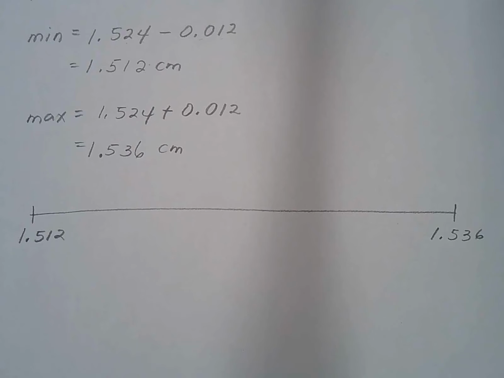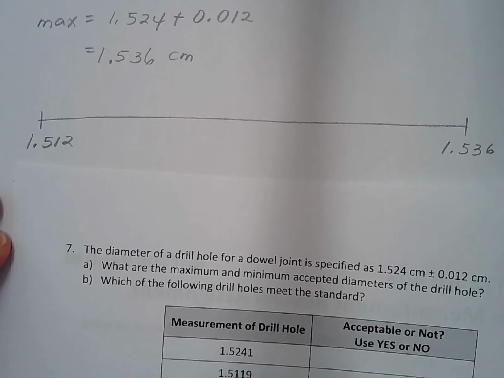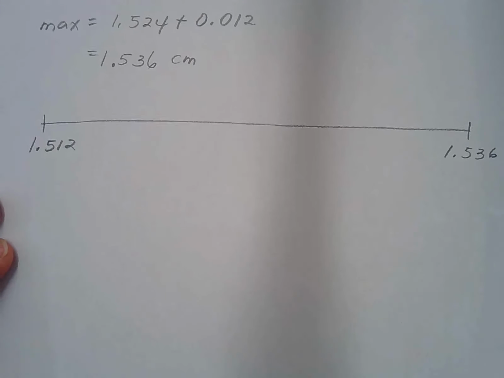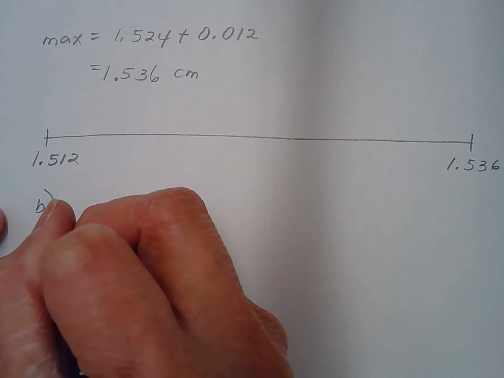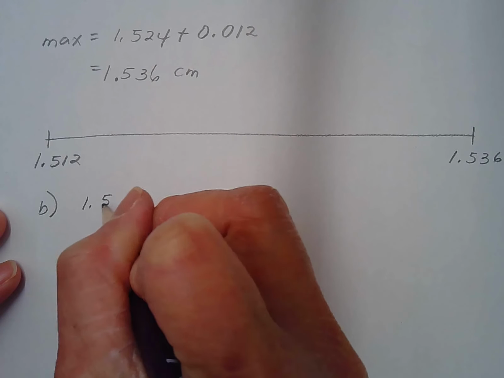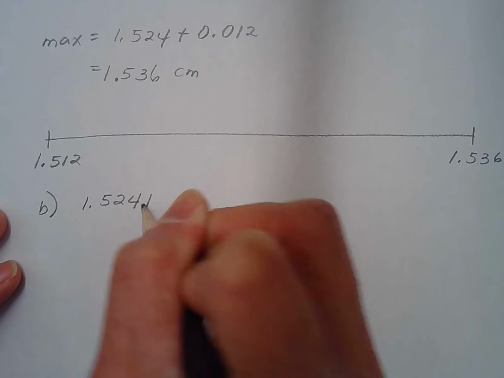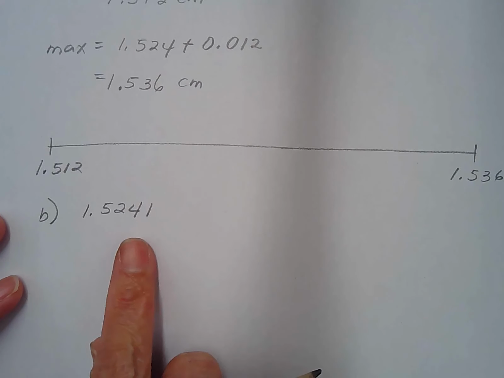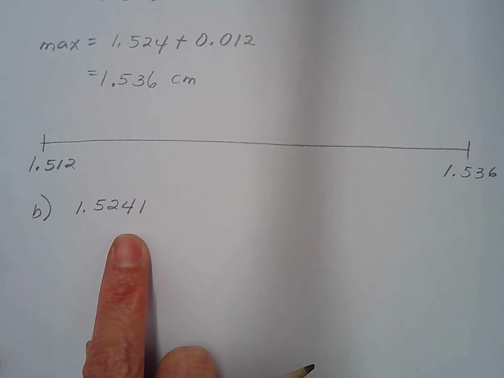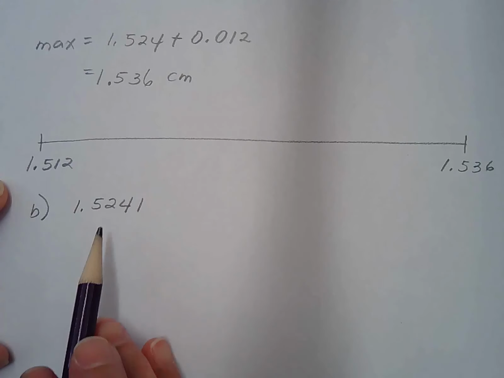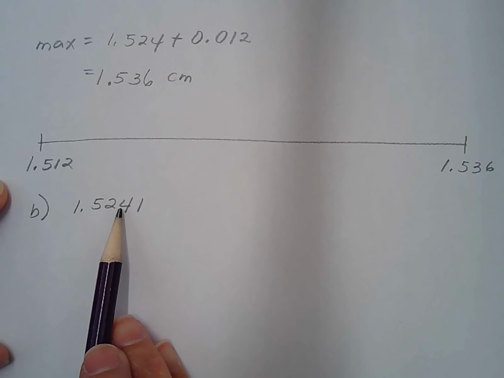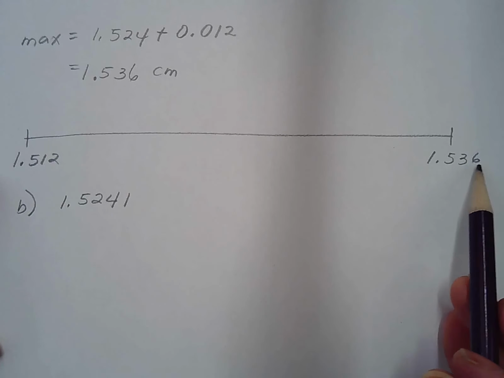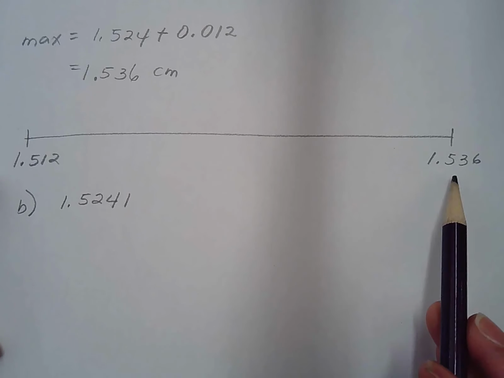Okay, now let's take a look over here. I'll do letter B. 1.5241. Is that allowed or not allowed? No. It's not allowed, right? Because that's 1.5241, and that's over the maximum allowed.